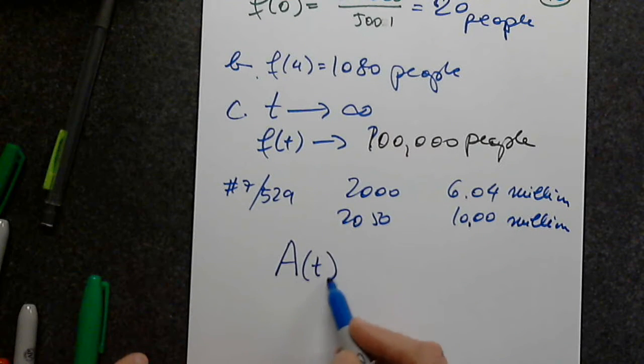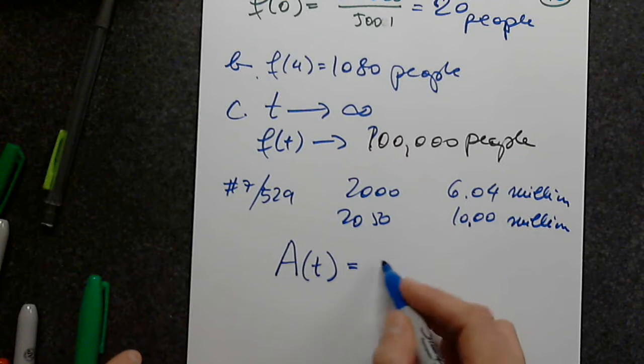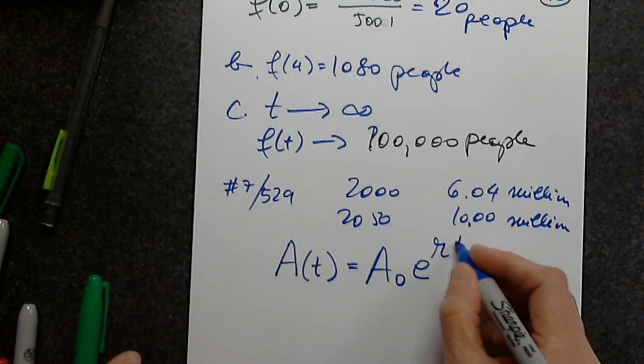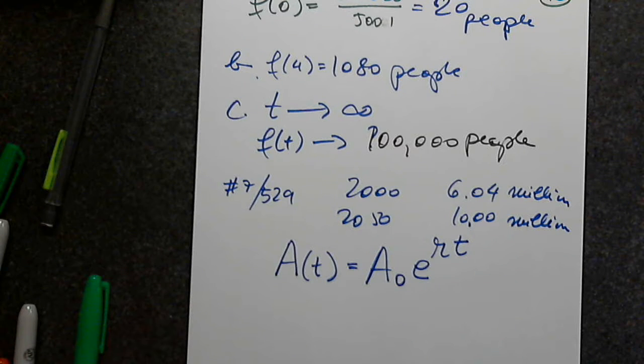A of t is A0 e to the kt. Have we seen this before? A equals the principal times e to the rt. We've seen this before. It's the same function as the continuously compounded interest. But as I said, the model will be given to you.